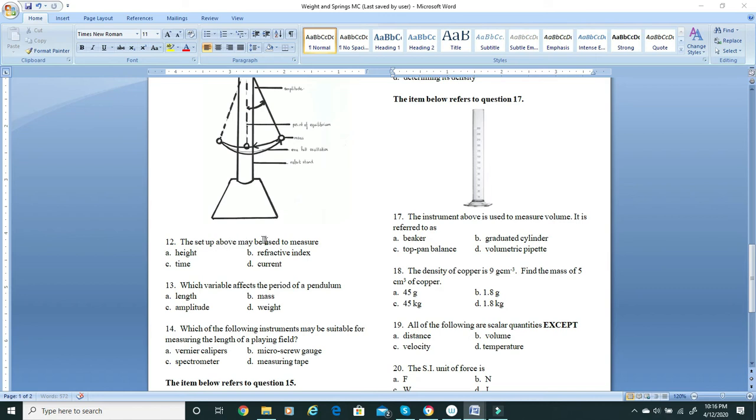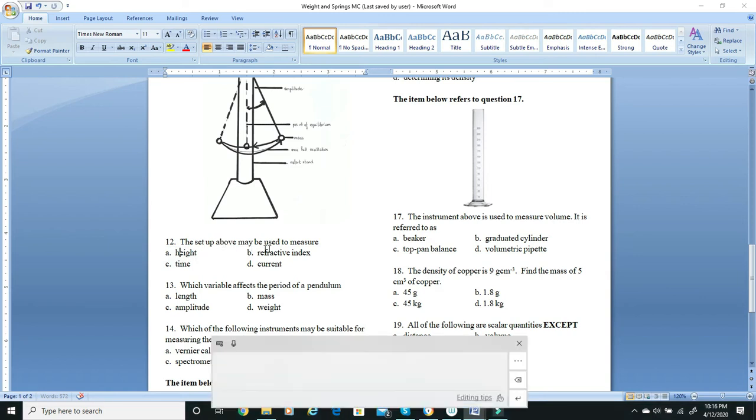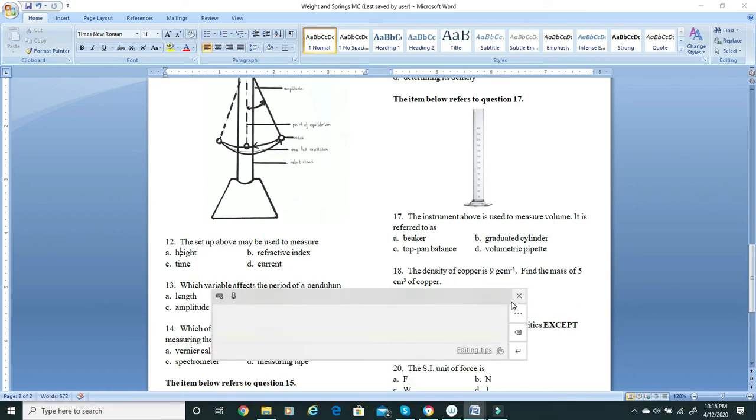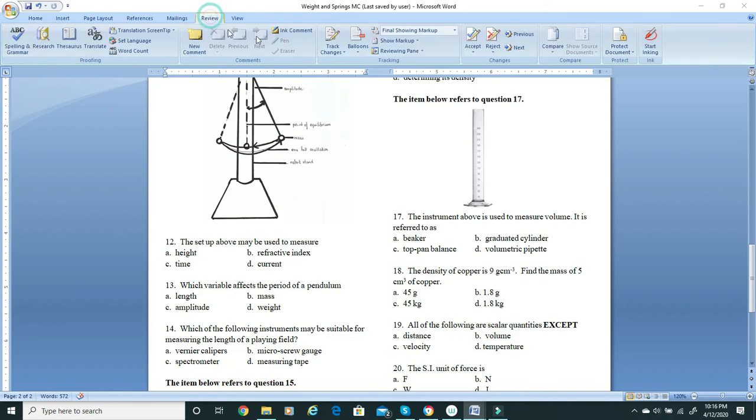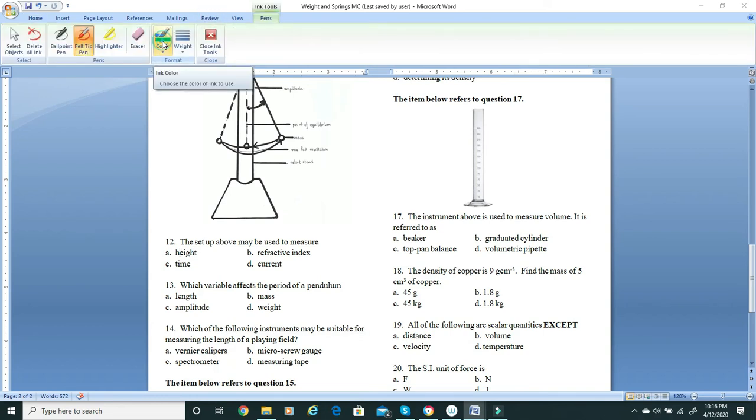The setup above may be used to measure time, because pendulums are sort of timing devices, right?